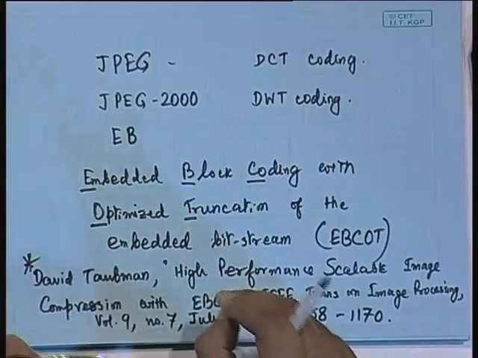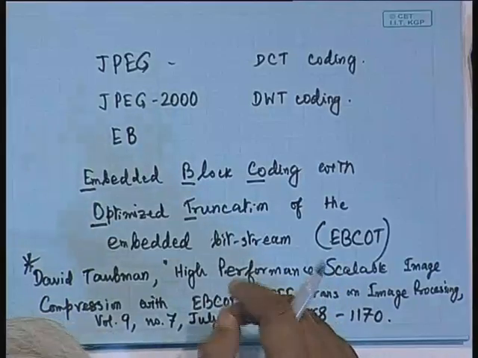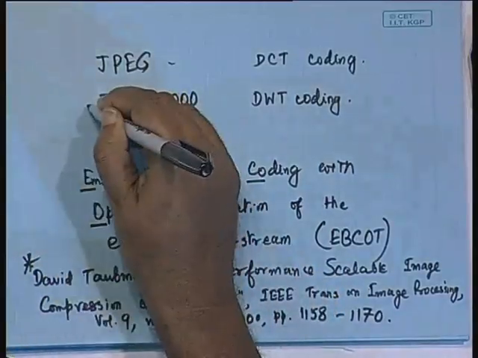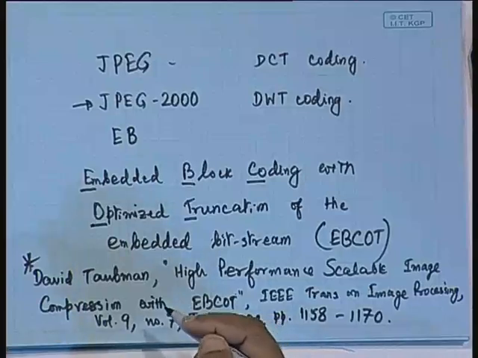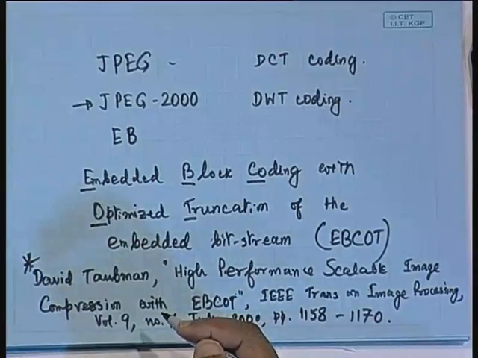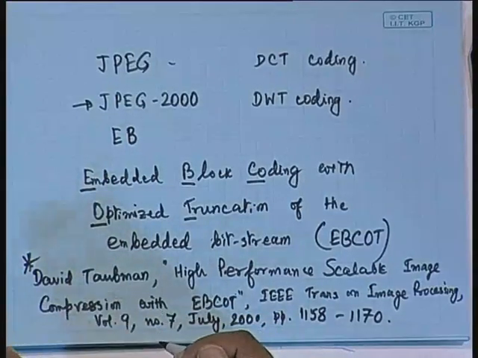This EBCOT algorithm is actually the one that has gone into JPEG 2000, in a little bit modified form. What Taubman proposed is slightly different from what JPEG 2000 finally adopted.